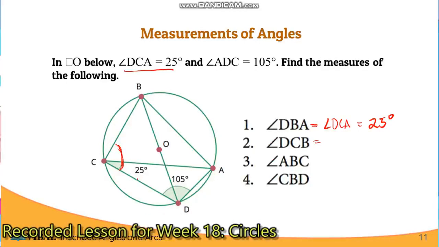Ano ang measure ng angle DCB? Tignan natin. Does angle DCB, this one, fall on a semicircle? What is the intercepted arc of this angle? Yes, it falls on a semicircle, right?